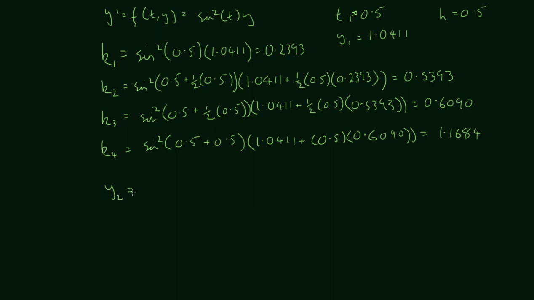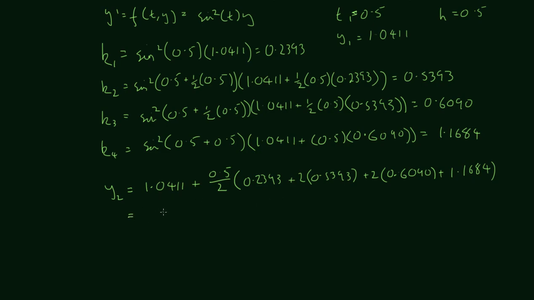Now we're going to calculate the solution at the second step, which is equal to the solution at the first step plus h over 2 times k1 plus 2k2 plus 2k3 plus k4. If you do the calculation, that works out at 1.3498.